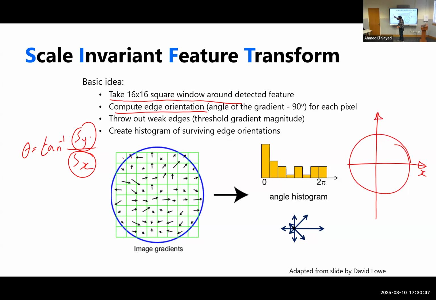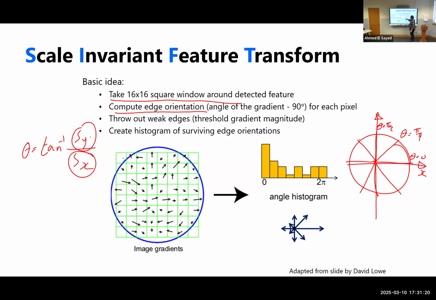The 360 values, I will divide them into 8 values, starting from 0, then 1, 2, 3, 4, 5, 6, 7, and return back to 0.